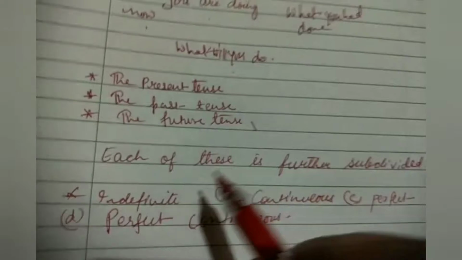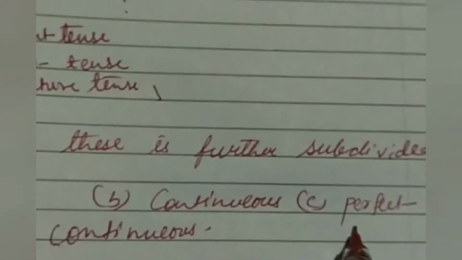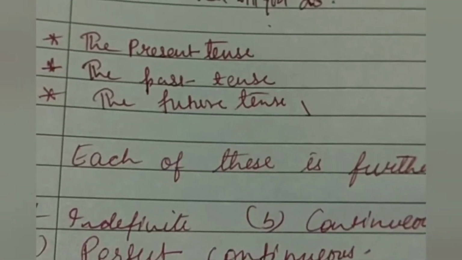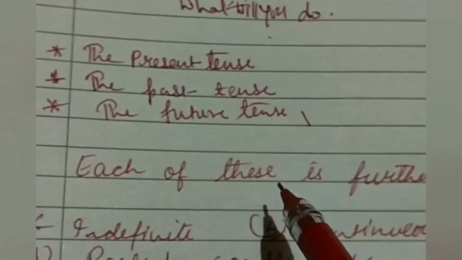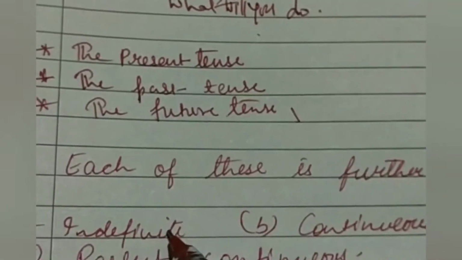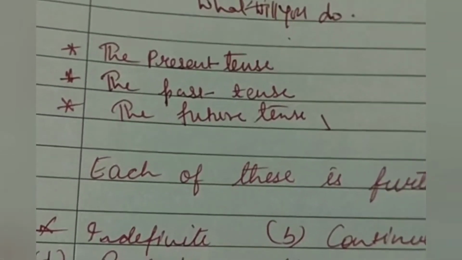So each of these is further subdivided again into indefinite, continuous, perfect and perfect continuous. So there will be simple, you can say the indefinite, simple present tense, past tense or future tense, like that.